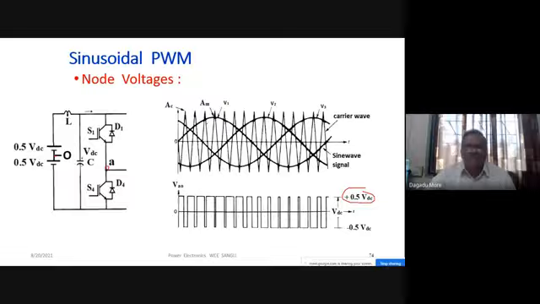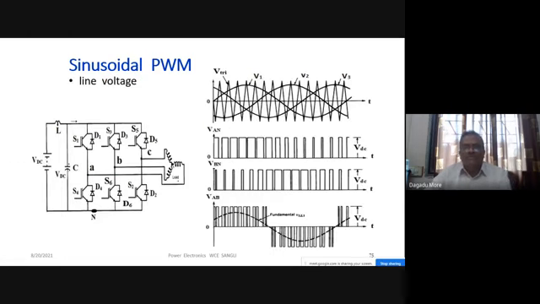So this is how we get the switching signal of VAO. VAO is nothing but the center point of DC with A. And here what is our logic? When S1 is on, VAO is plus 0.5 VDC. And when S4 is on, VAO is minus 0.5 VDC. With that, we can get the VAO signals.